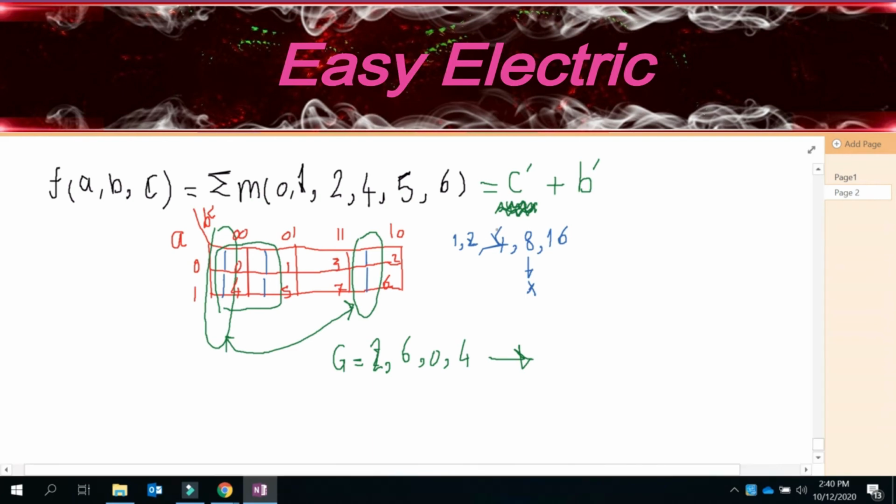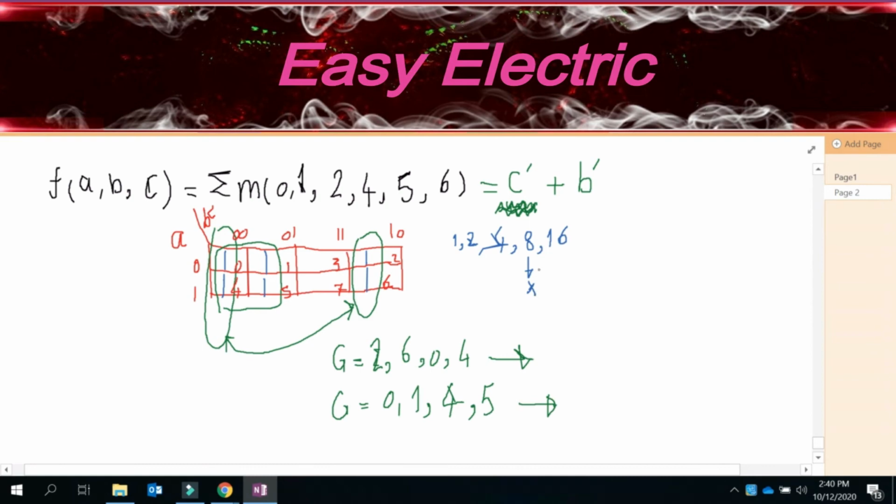Okay, so let's write the second one, which is this group. Minterms 0, 1, 4, 5. 0, 1, get rid of that. 0, 0, get the prime. 1, 1, no prime.